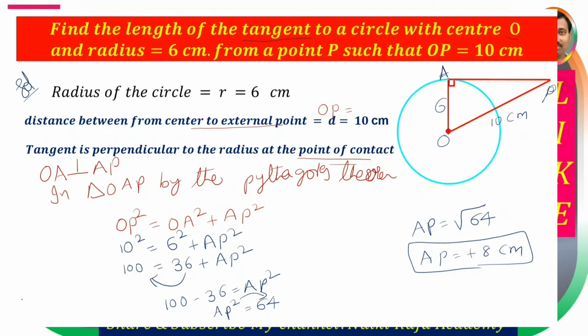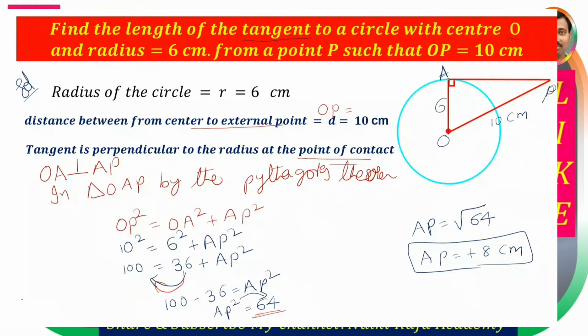The tangent is always perpendicular to the radius at the point of contact, so OAP is a right angle triangle. Apply the Pythagoras theorem: OP square is equal to OA square plus AP square. Substituting the values, 10 square is equal to 6 square plus AP square, so 100 is equal to 36 plus AP square. Transposing 36, 100 minus 36 is 64, so AP square is equal to 64.